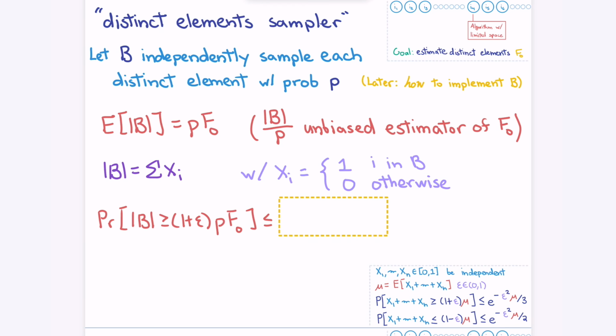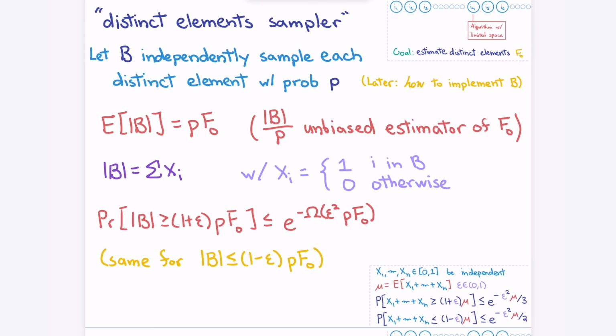And now we start to get something like the probability of being an epsilon fraction bigger than your expectation is bounded above by... just plugging in. So something exponentially small in PF0. Same for the probability of being smaller than the average.